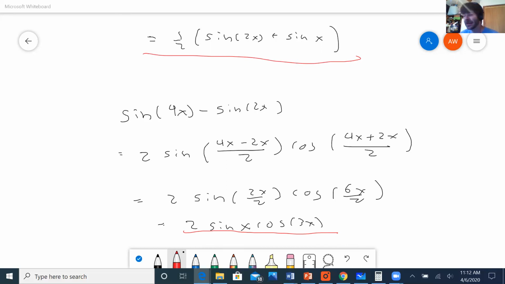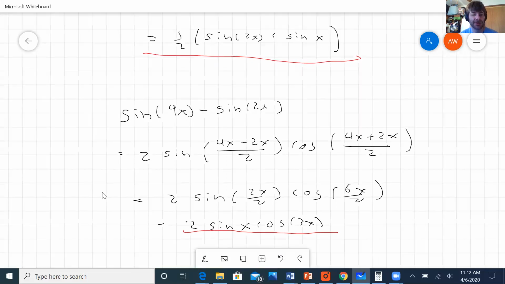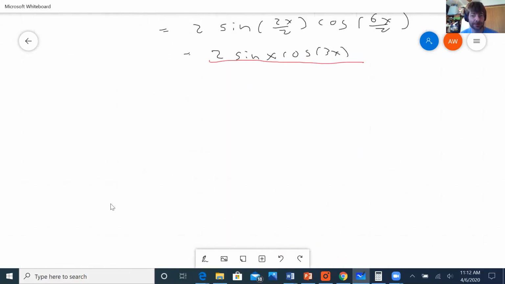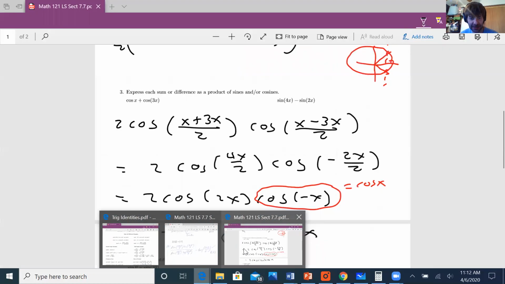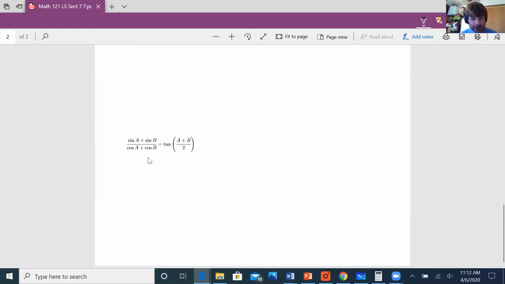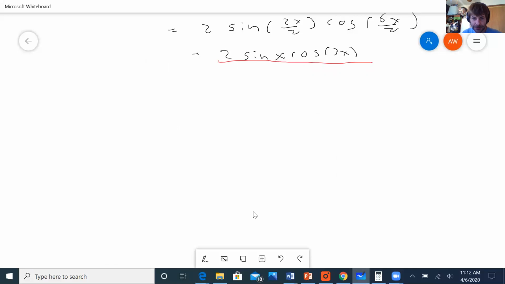All right. The very last one I had was an establish the identity. Let's see what it looks like here. Okay, cool. Sine A plus sine B over cosine A plus cosine B equals this. I am going to start on the left-hand side, and because I have sine A plus sine B, I'm just going to write in these identities and see what we end up getting.